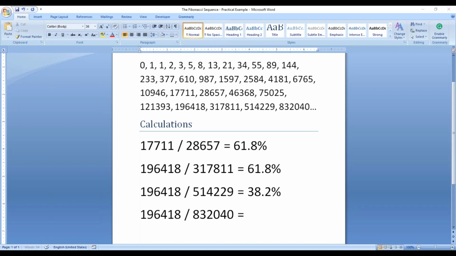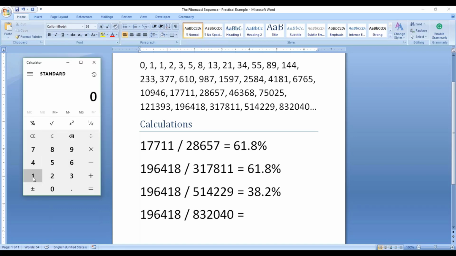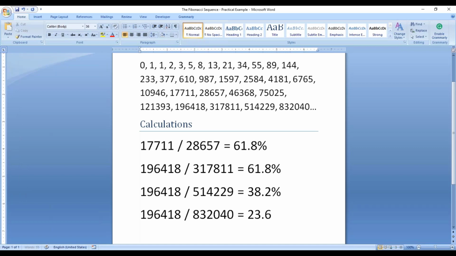Popping up the calculator again. 196,418 divided by 832,040. The result, here it is, 0.2360. When we multiply by 100, we get the percentage that the first number takes from the number that stays 3 positions to the right. And this is 23.6%.